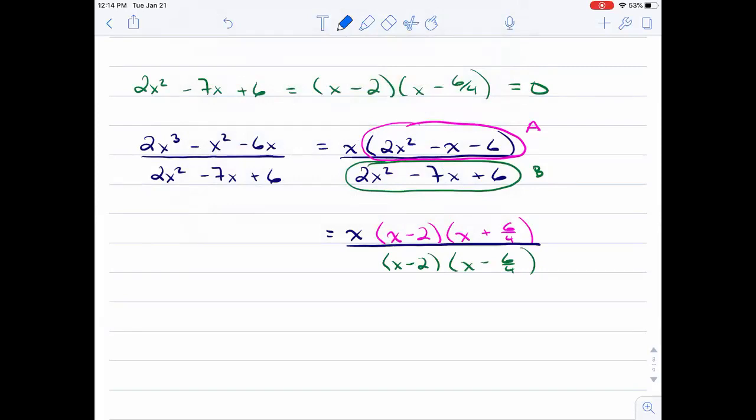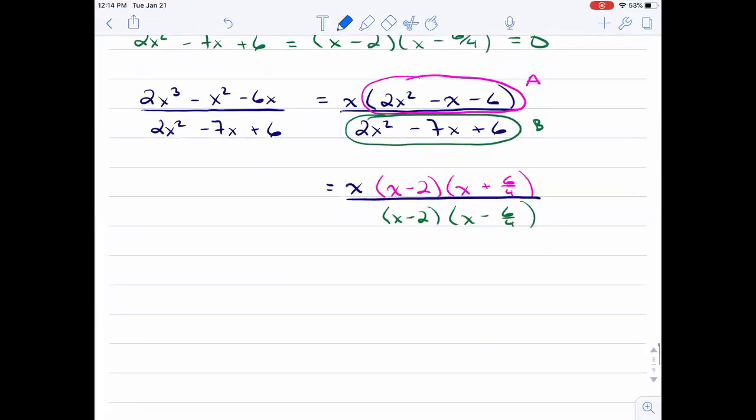And so this x minus 2 can cancel with this x minus 2. So at least those are out of there. There's no x that I can cancel with, and x plus 6 over 4 is not the same as x minus 6 over 4, so we still have to keep that in there, but we can handle that. As long as this x minus 2 is gone, that's nice.